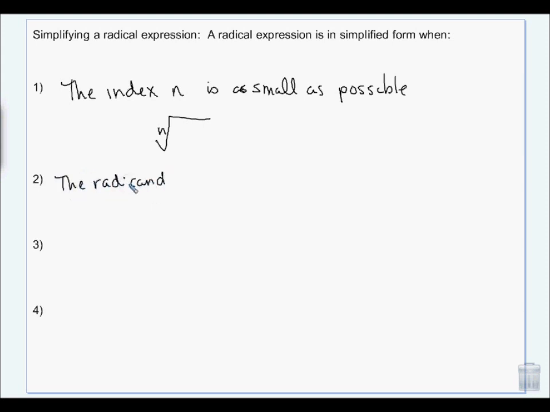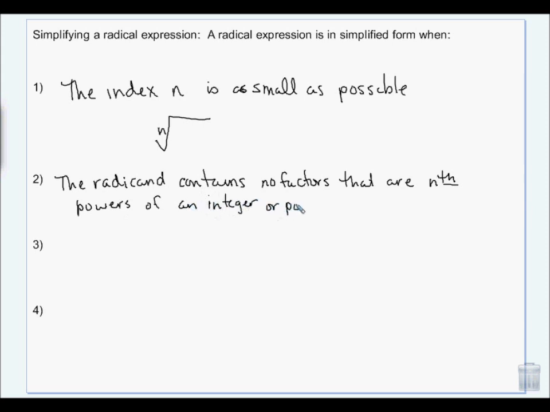contains no factors that are nth powers of an integer or a polynomial.